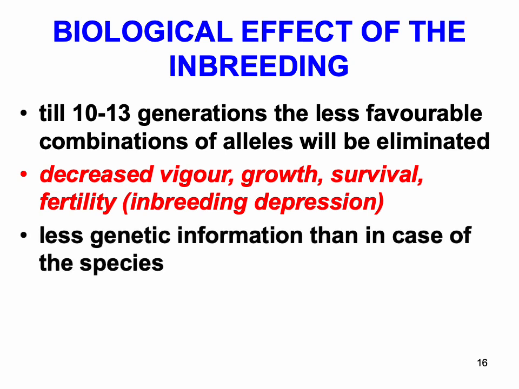And a consequence is also that there is less genetic information than in the case of the whole species. The human genome, as a genome, can be represented by 16 or 17 inbred mouse strains.